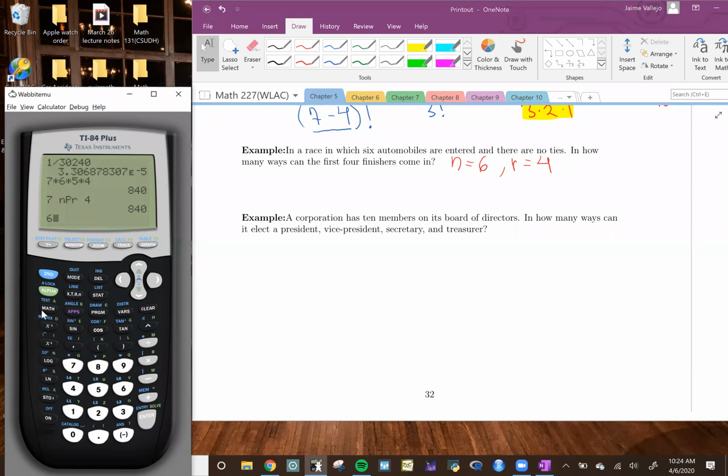So we do n, we do math, PRB, nPr, and then you do 4, and you get 360. So we'll say 6P4 is equal to 360. Cool. And we're done for that problem. Any questions in regards to that problem?